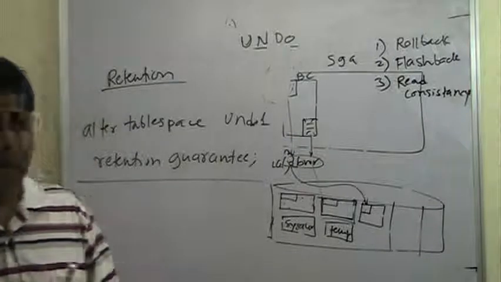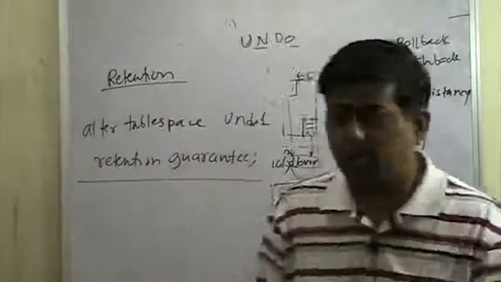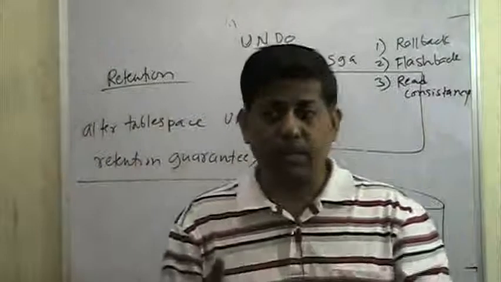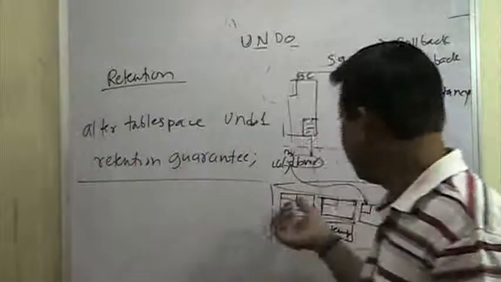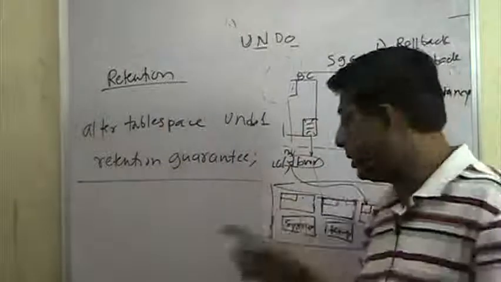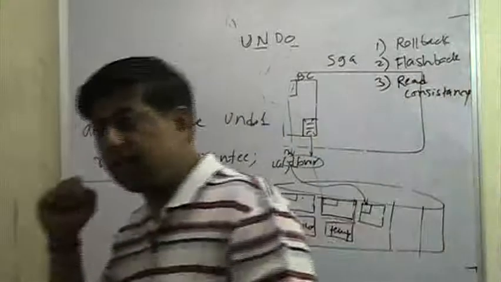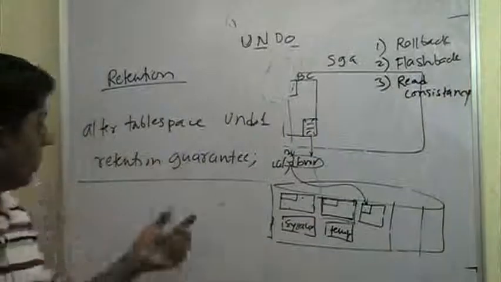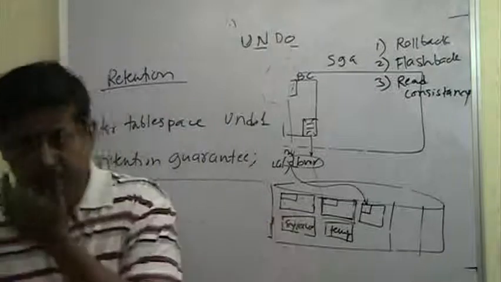Anytime the user sys has to do an insert, update or delete which is going to generate his own undo, the name of that undo segment is system, and that undo segment is sitting inside the tablespace system.